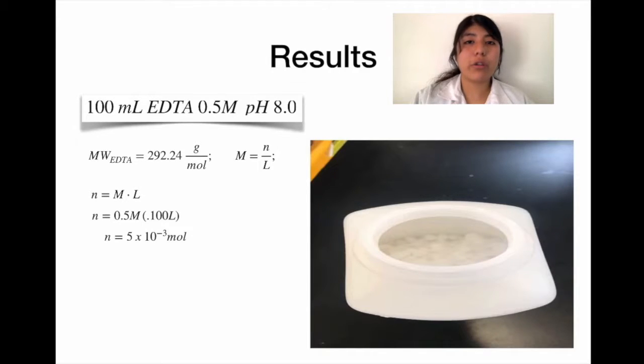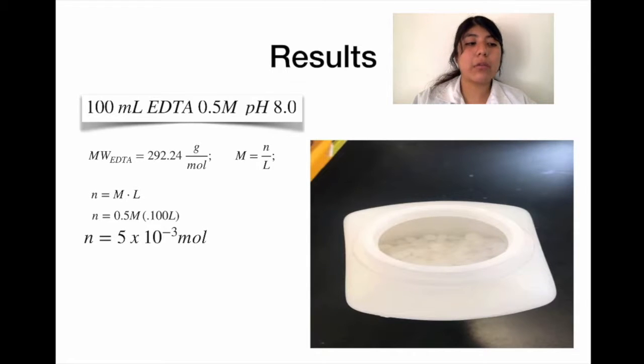Team 6 was responsible for preparing 100 ml of EDTA 0.5 molar pH 8, 210 ml of TBE 10X, and 210 ml of TAE 50X. In the preparation of 100 ml of EDTA 0.5 molar pH 8, the molarity formula is used for calculating the amounts of moles present.